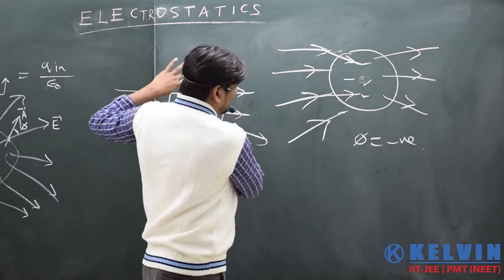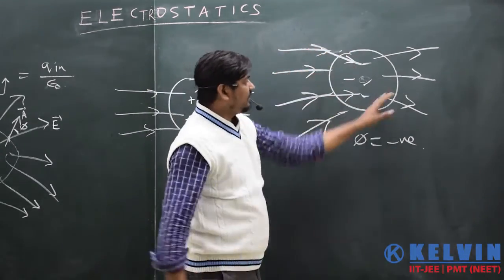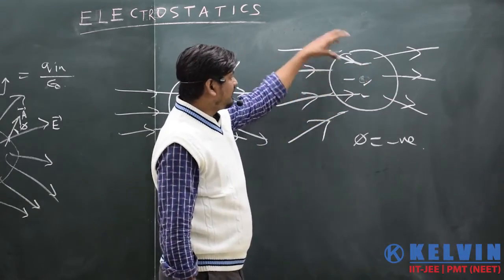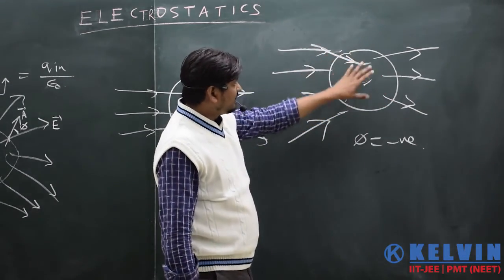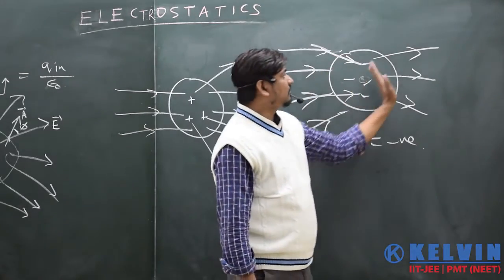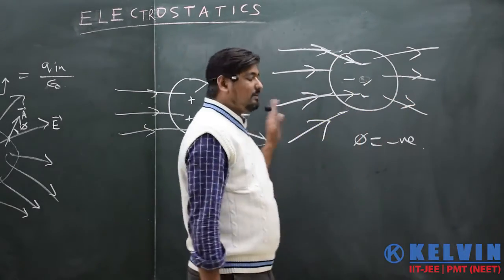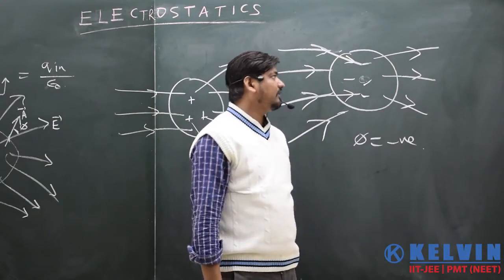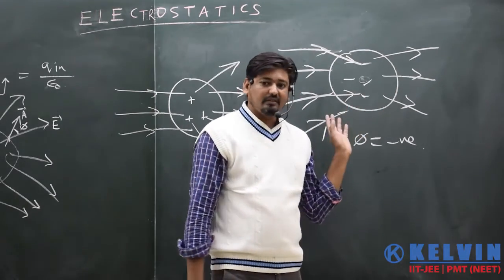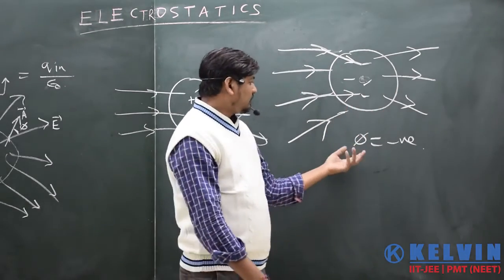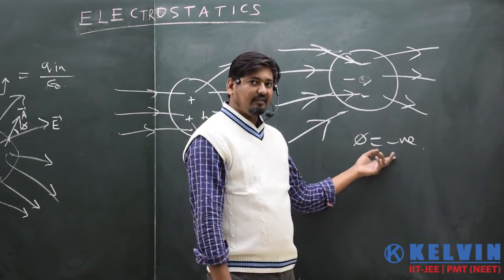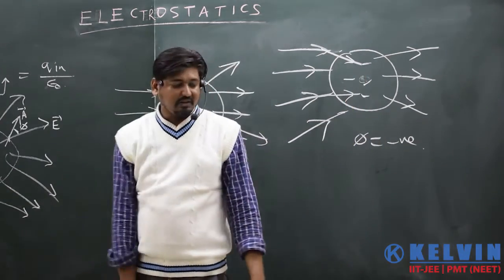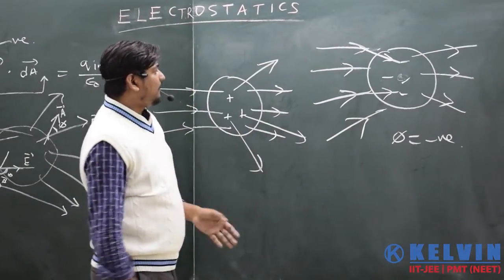So a larger number of lines go inside this closed surface, some lines get terminated on the negative charges and the remaining lines go outside. So the number of field lines going inside the surface will be larger than the number going outside. By this we can conclude when the total flux is negative, the charge enclosed will be negative charge. When total flux is positive, the charge enclosed is positive charge.